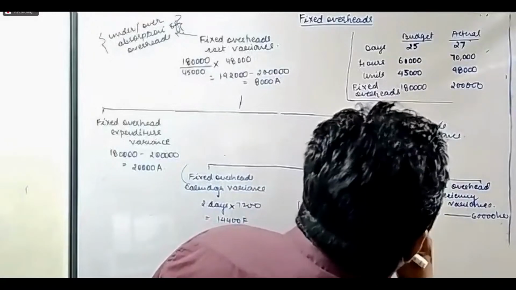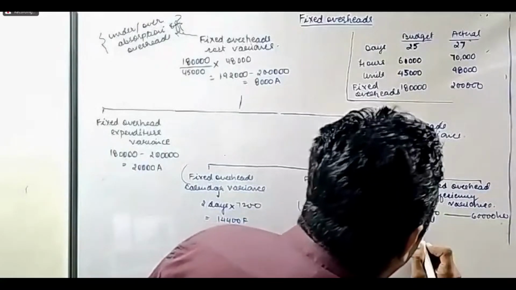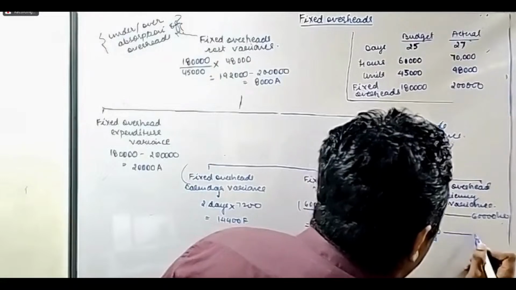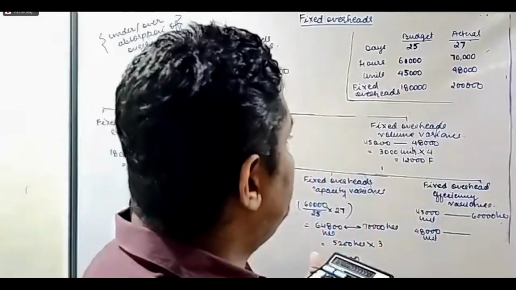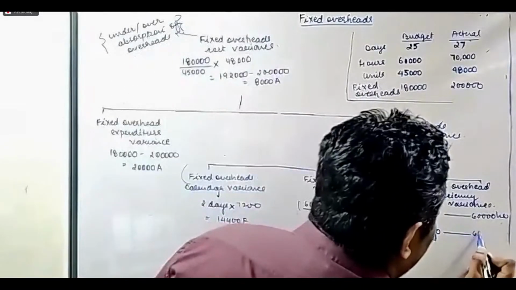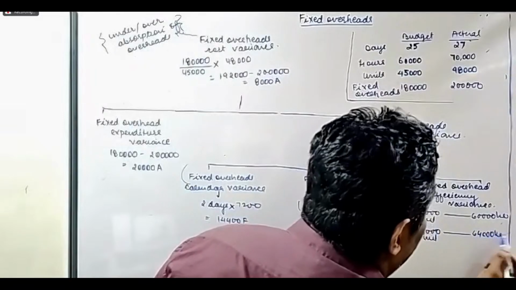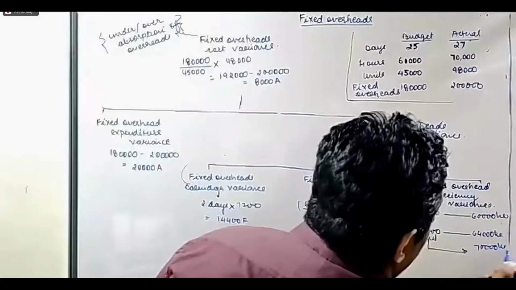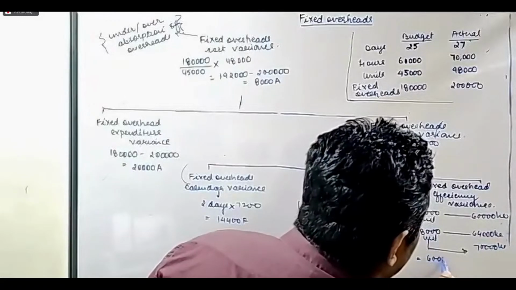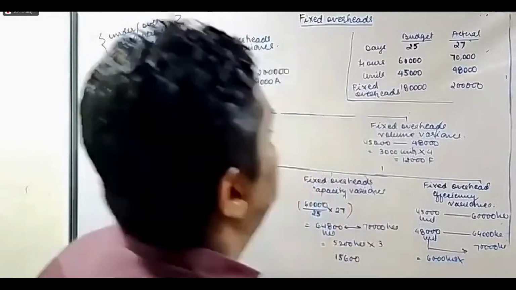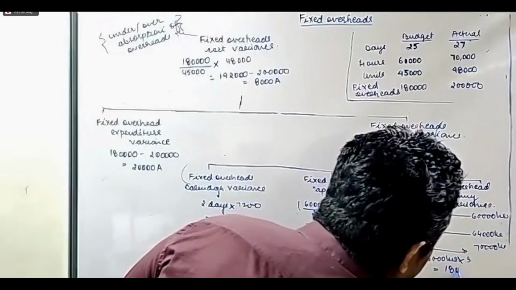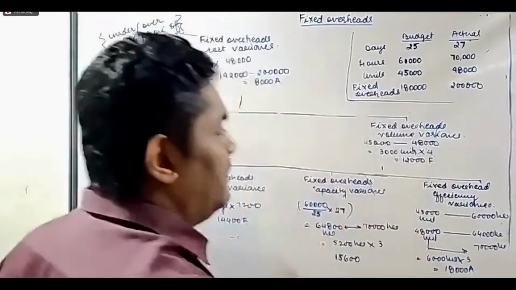So these 48,000 units should be completed in 64,000 hours. But we actually took 70,000 hours. So 6,000 hours is my inefficiency into the rate per hour, that is 3. So this will be 18,000 adverse.